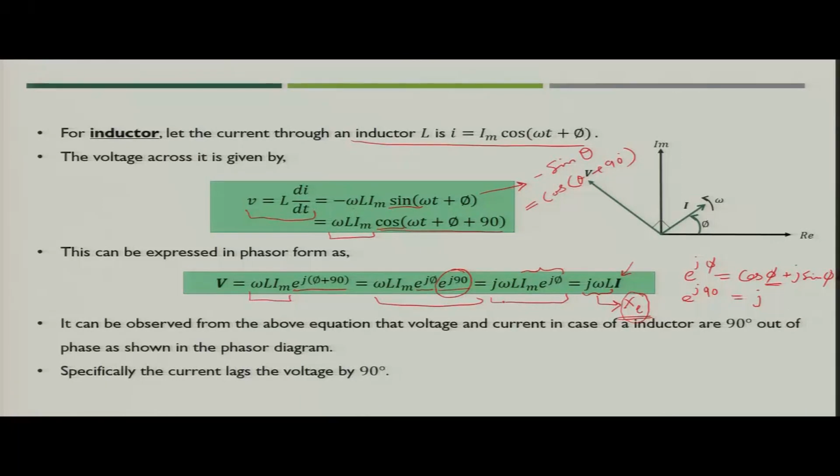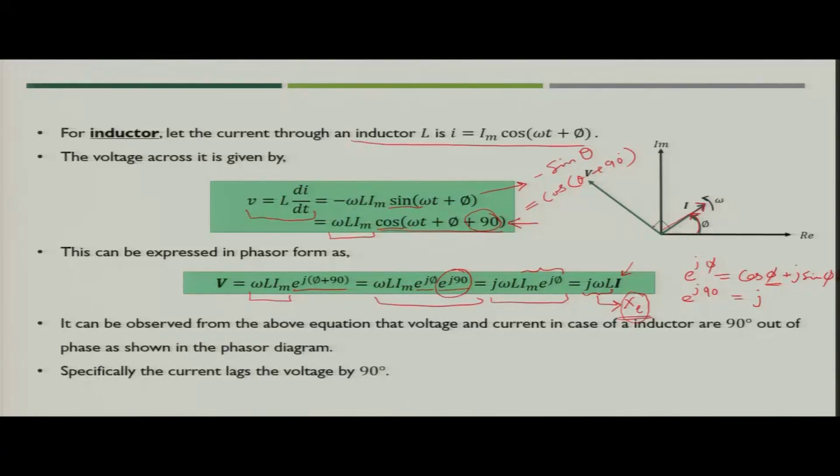Now, if you plot the current and voltage phasors on the plane, on the x axis you will have the real value and on the y axis the imaginary value. The current phasor will be in one particular direction, making angle phi from the real axis. This would be the phasor of current I. From the voltage equation, you will come to know that voltage is leading current by 90 degrees.